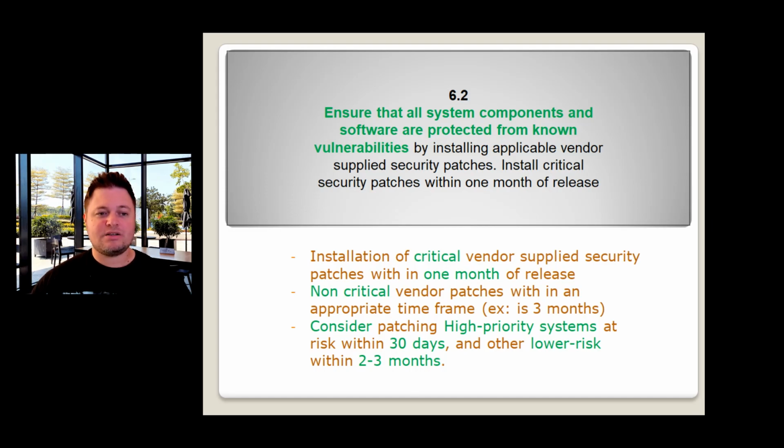Ensure that all system components and software are protected from known vulnerabilities by installing application vendor supplied security patches. Install critical security patches within 1 month of release. Oh, I should have highlighted 1 month as green there. So basically you want to install critical vendor supplied security patches within 1 month of release.